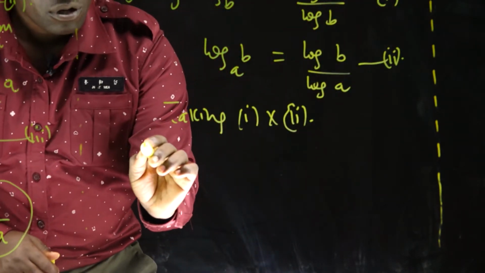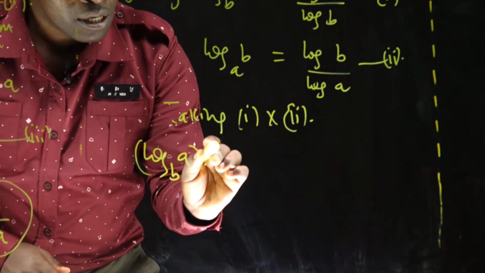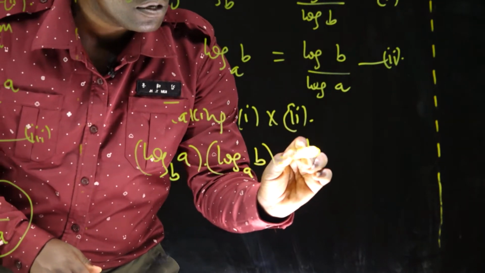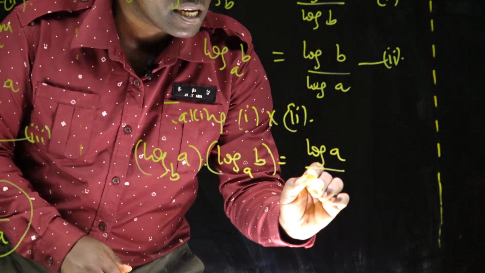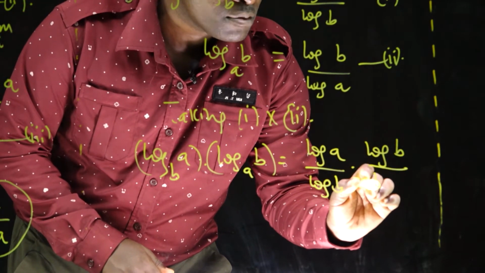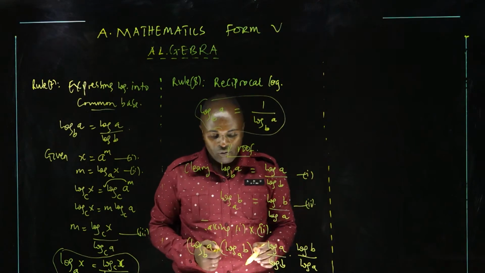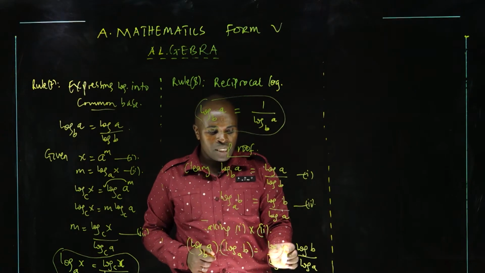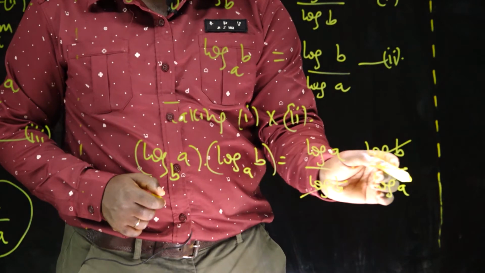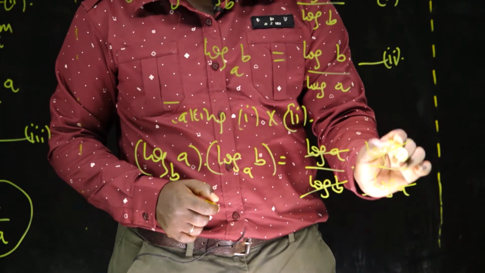Here we have log of A base B times log of B base A equals log of A divided by log of B times log of B divided by log of A. Class, if we check here, you will see these are identical parts which just cancel, and this side is strictly giving 1.